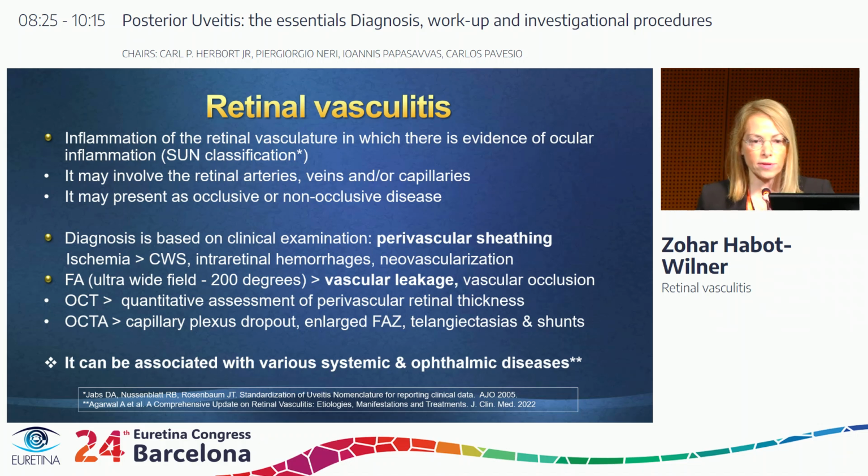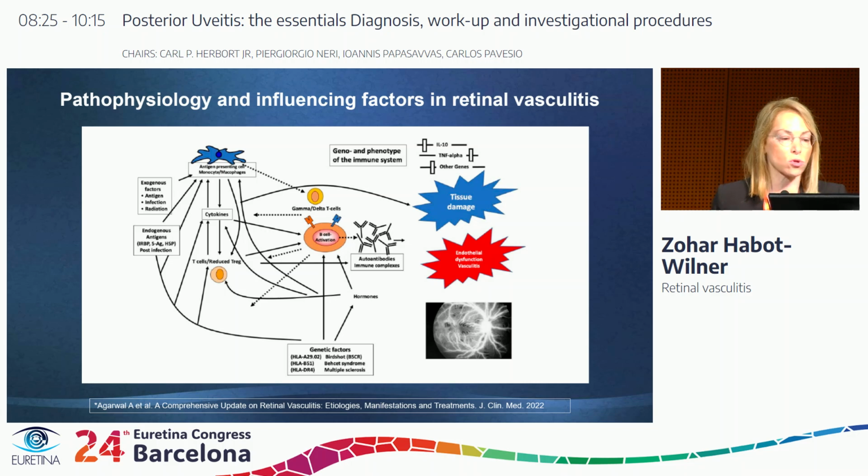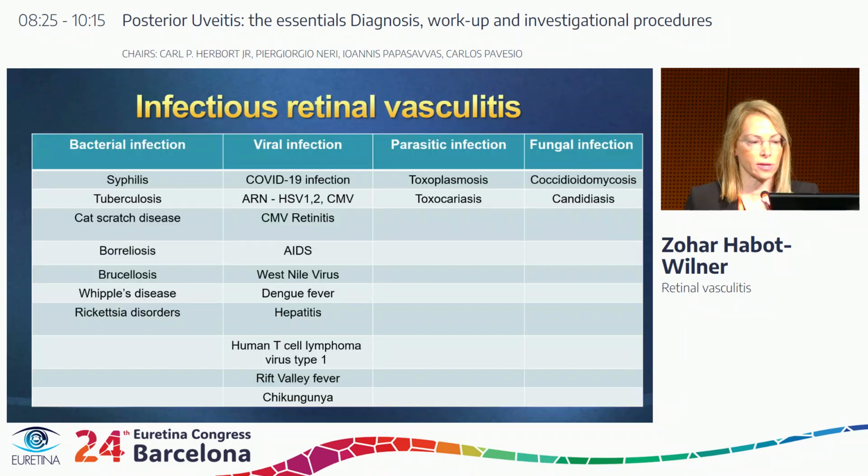It is very important to know that it may be associated with various systemic and ophthalmic diseases. And this is a nice scheme of the pathophysiology and influencing factors in retinal vasculitis. So we have various genetic factors, various endogenous and exogenous factors that trigger the immune system, and this results in tissue damage and endothelial dysfunction, vasculitis.